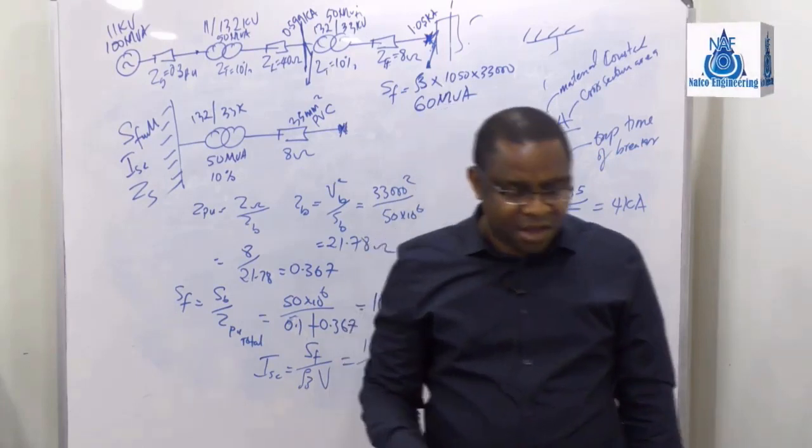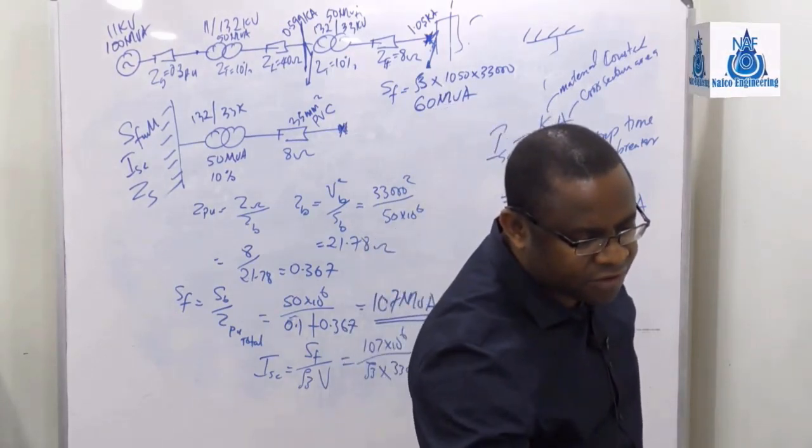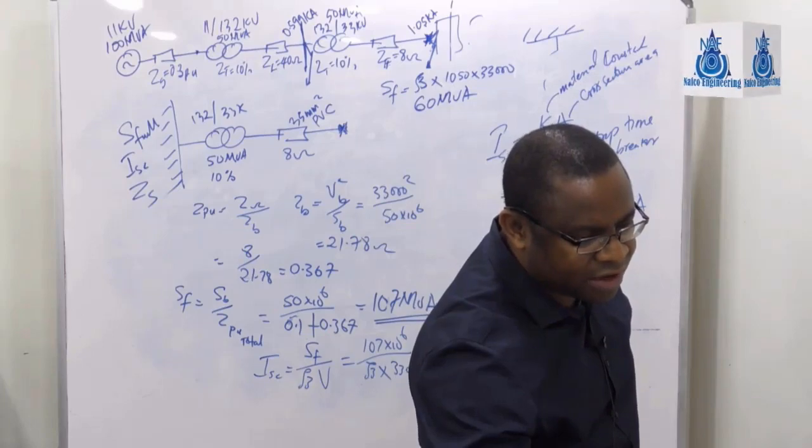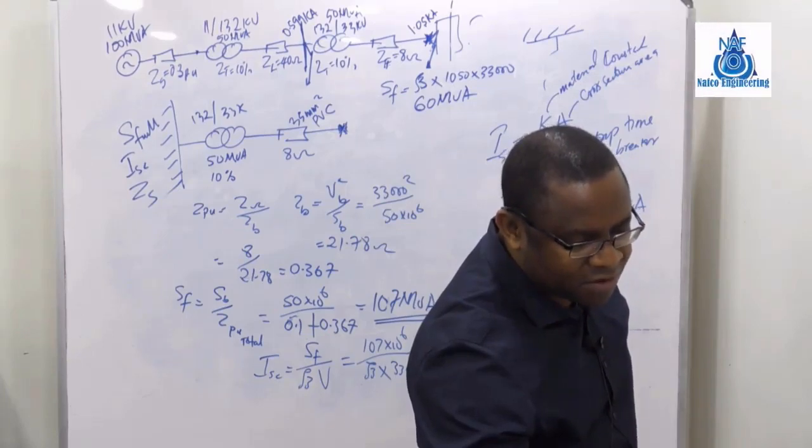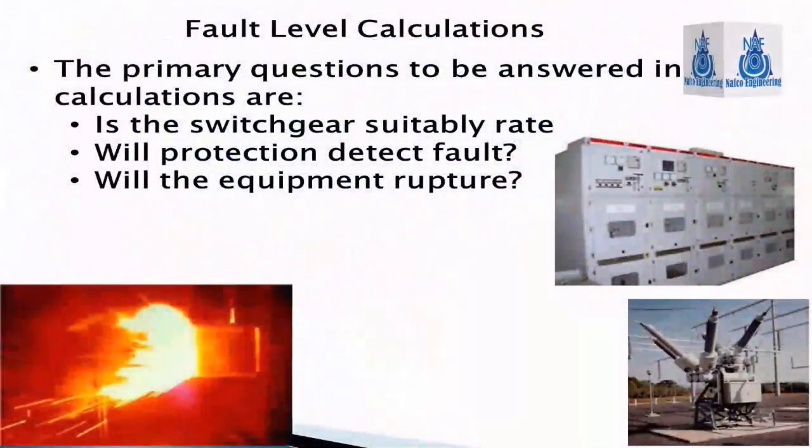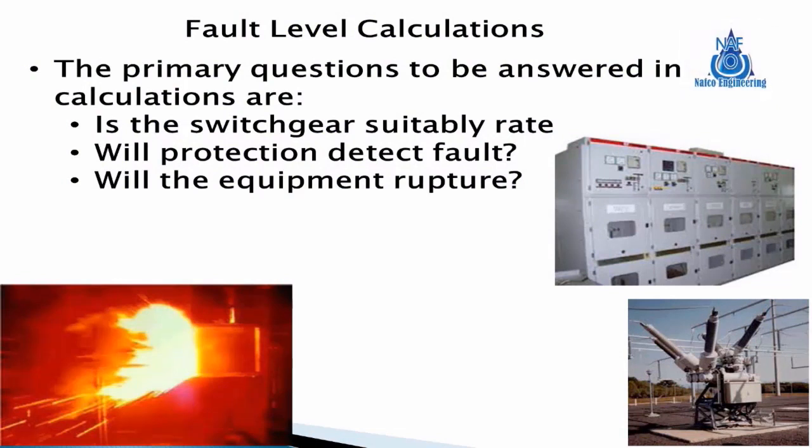Sometimes when you see switch gears exploding, you will think that maybe the switch gear is old. The switch gear is not old. It might be that the engineer that sized the switch gear did not do a proper calculation. So the essence of fault level calculations is for us to make sure that our switch gear is suitably rated to handle the prospective short circuit current.